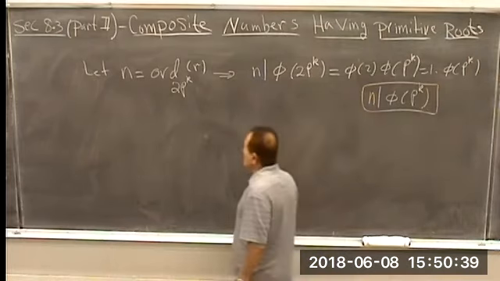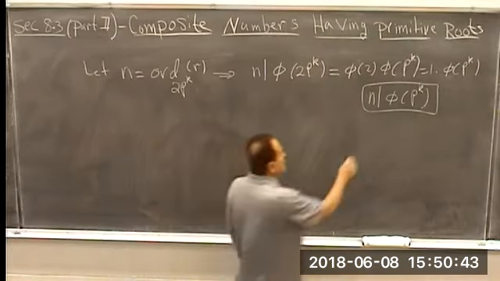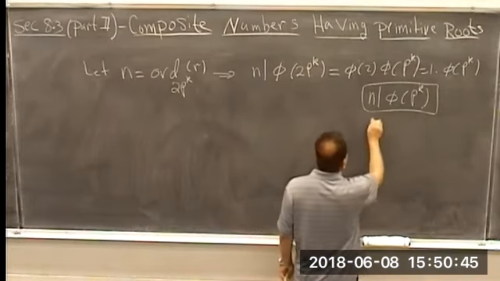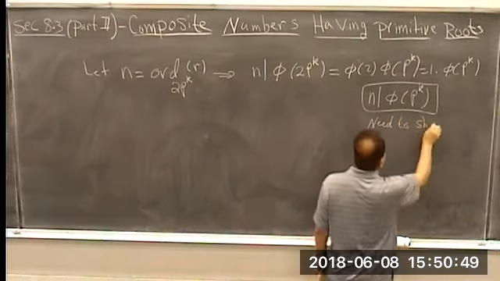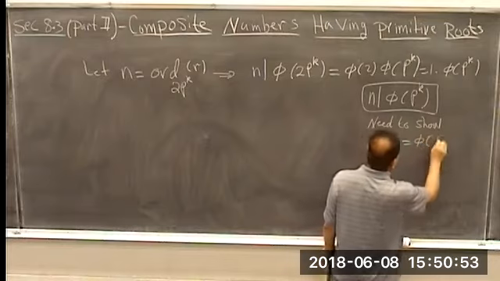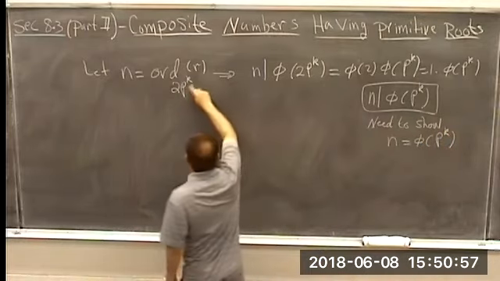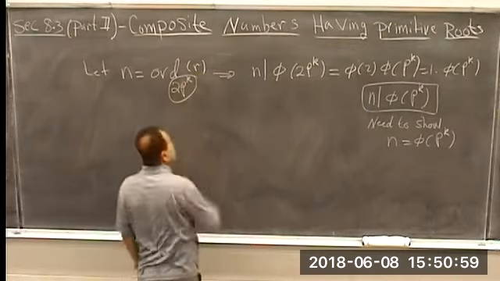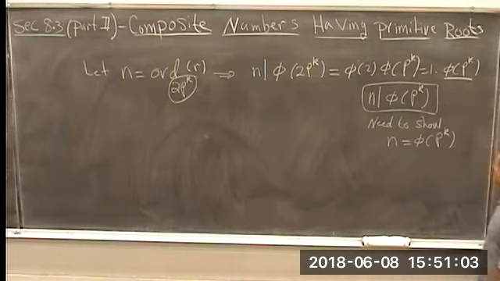Our goal is to show actually that n is equal to this, because phi of the modulus is equal to phi of p^k.